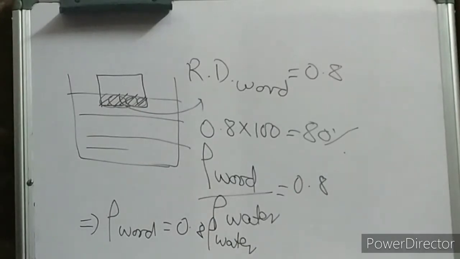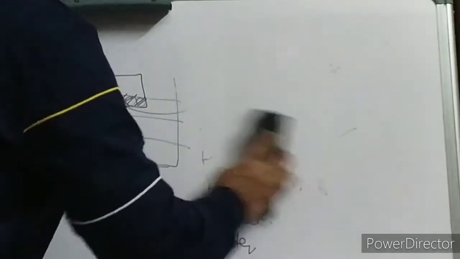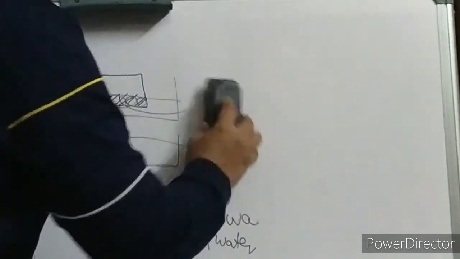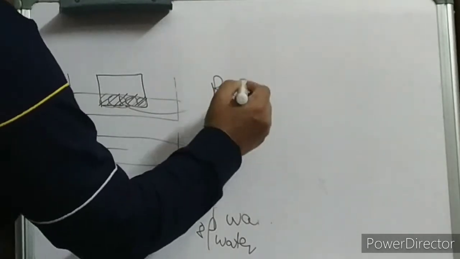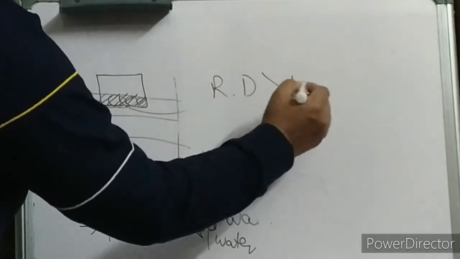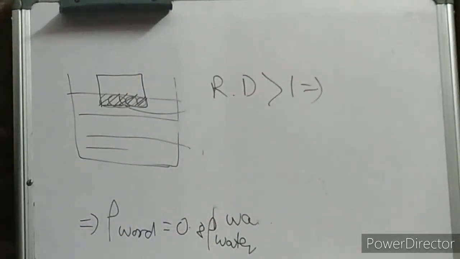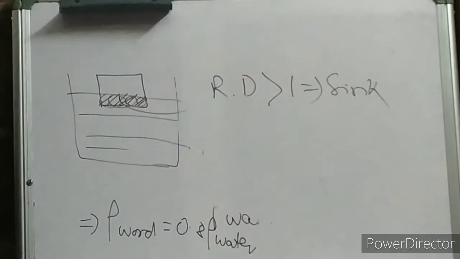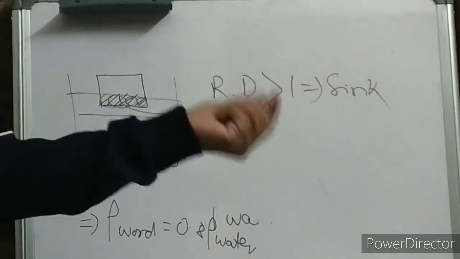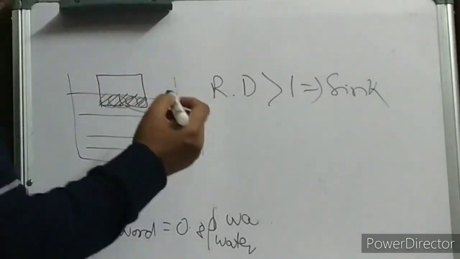Another data to remember. When relative density is greater than 1, what will happen? The object will sink. You can say the object will sink, not substance. Obviously that object is made up of the substance.